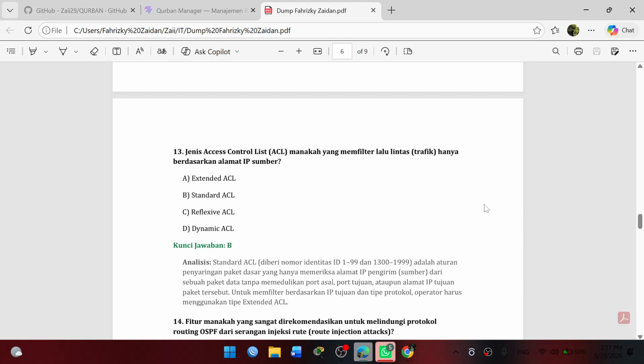They are basic packet filters that look strictly at the source IP address of a packet. They do not care about the destination IP, source ports, or destination ports. To filter based on those extra variables, you would need to use an extended ACL.